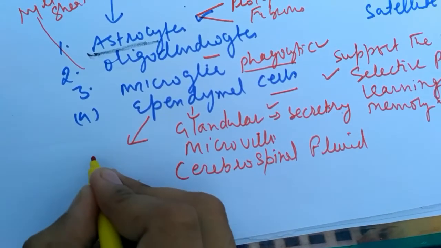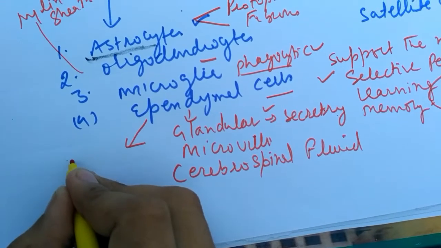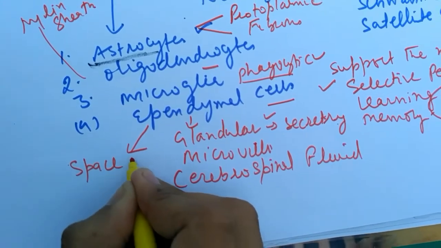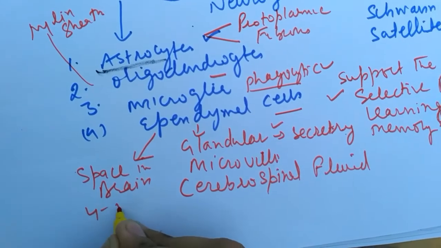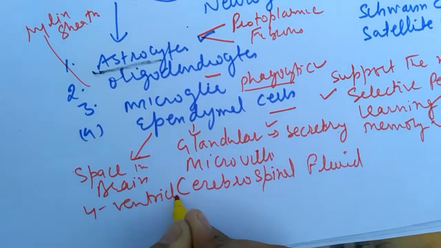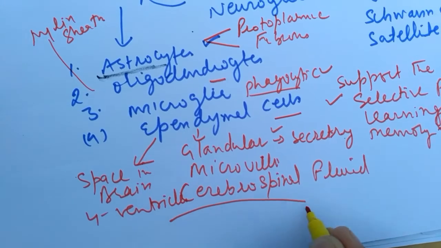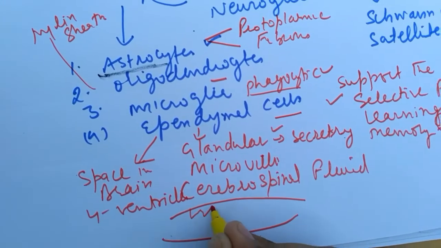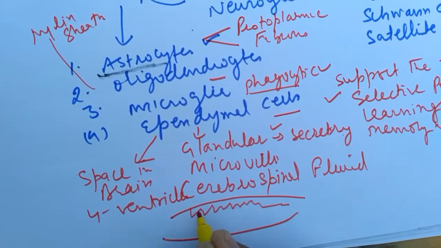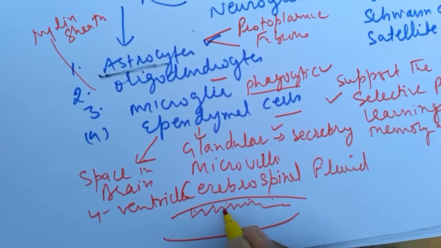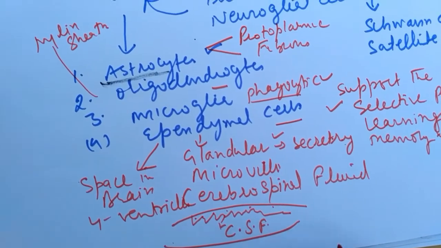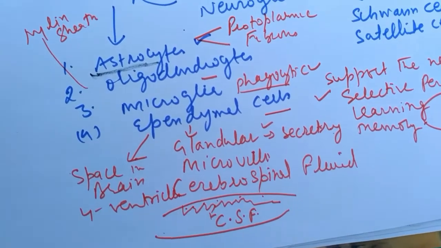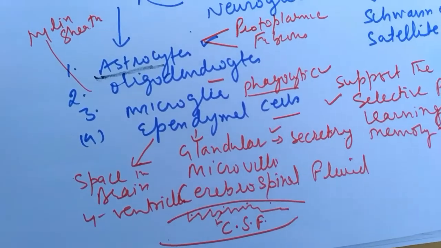What are ventricles? A ventricle is a space in the brain. There are four ventricles. They are in the roof of each ventricle. They are glandular. They secrete the cerebrospinal fluid. The cerebrospinal fluid nourishes the nervous system.